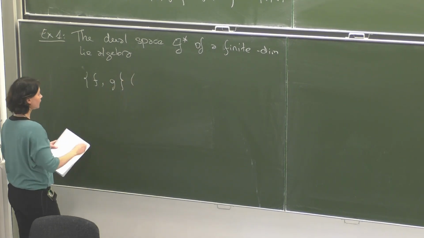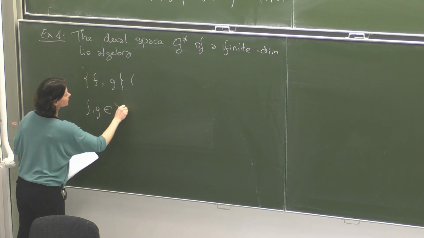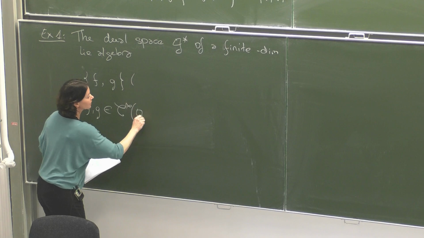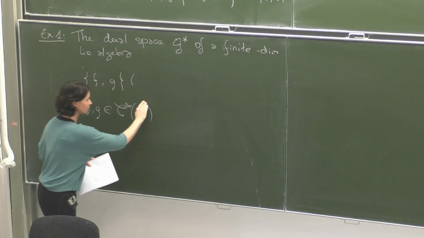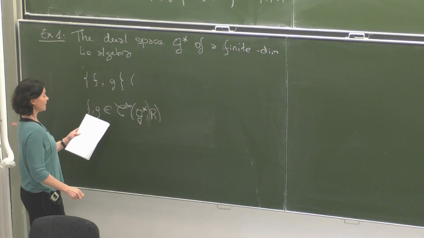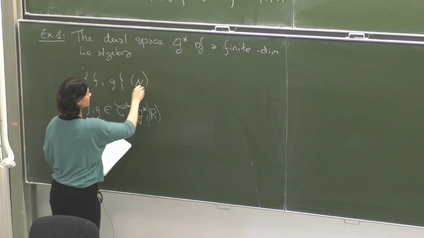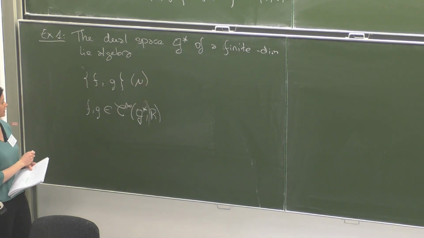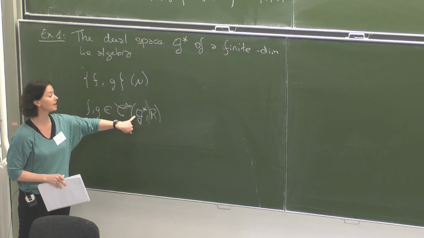So you have two functions, and these two functions are defined on the dual space of this Lie algebra with value in R. And if you take the bracket of two functions, you can evaluate it. It should be another smooth function on a manifold, which is here the dual space of the Lie algebra.